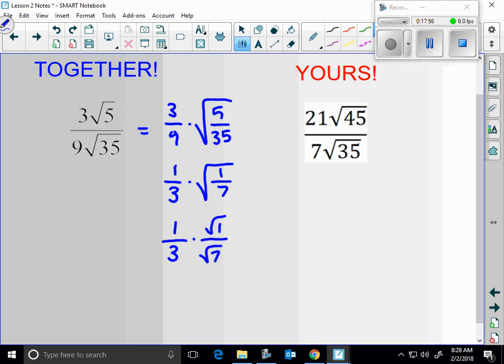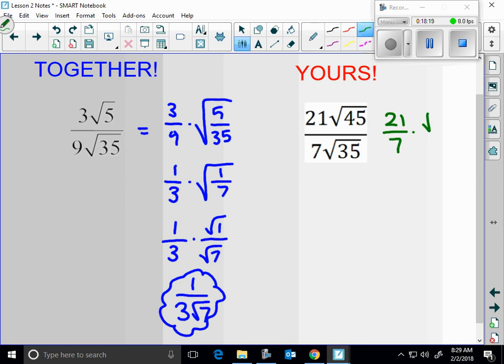And the square root of 7 is square root of 7. So my answer, if I multiplied 1 times the square root of 1, I'd get 1. And 3 times the square root of 7, I'd get 3 square root 7. And we're good.